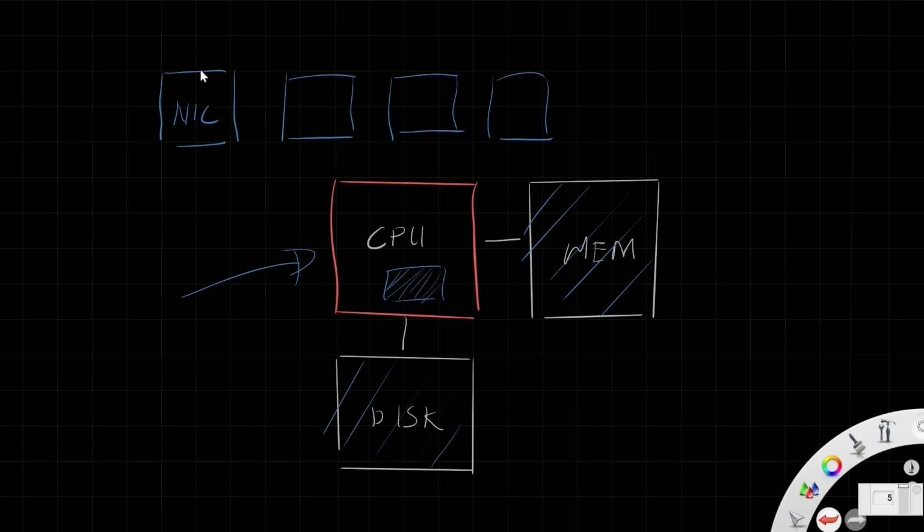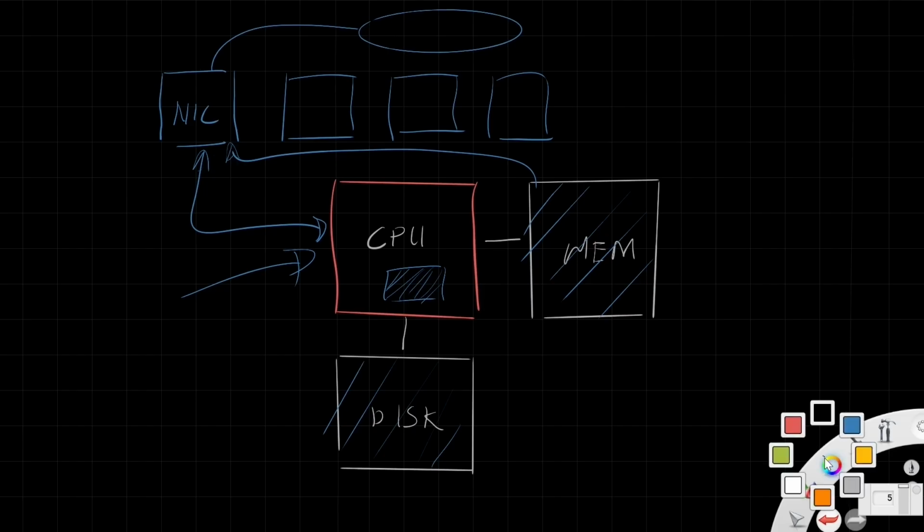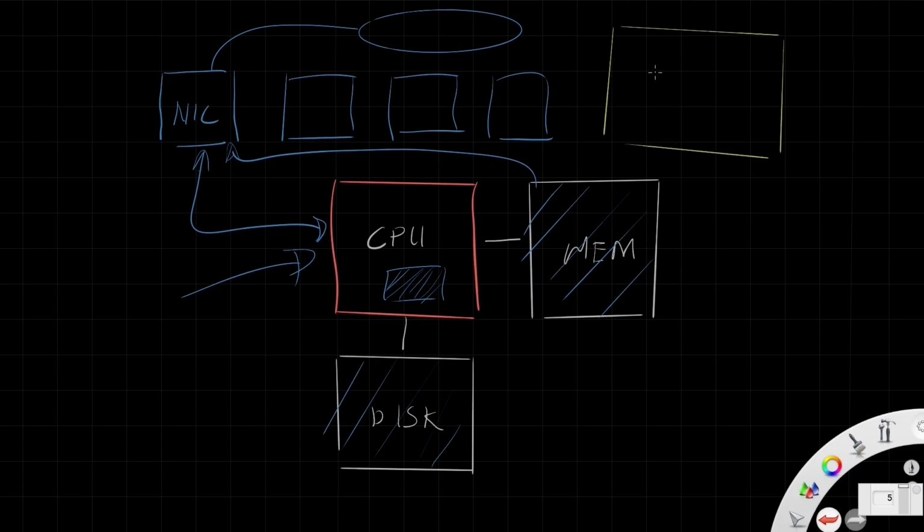And the data going through the network. For example, there are data flows from the CPU to the NIC card, or memory to the NIC card, and it goes to the network. So this is the network, and it goes to another system. This is another system which has its own CPU, memory, NIC, and disk.